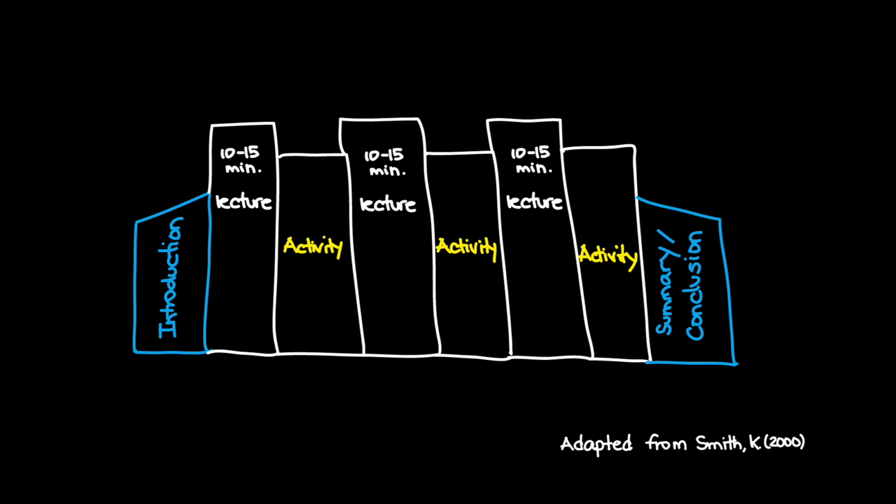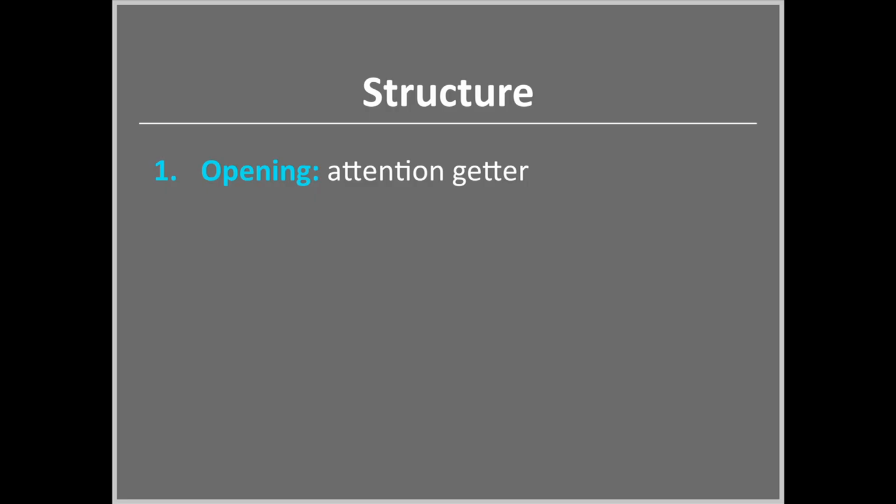For increased clarity, let's break down the components of this strategy further. Rather than beginning a lecture with the goals and learning objectives for that particular lecture, we open with an example or activity that demonstrates the importance or relevance for the set of concepts to be uncovered during that lecture.